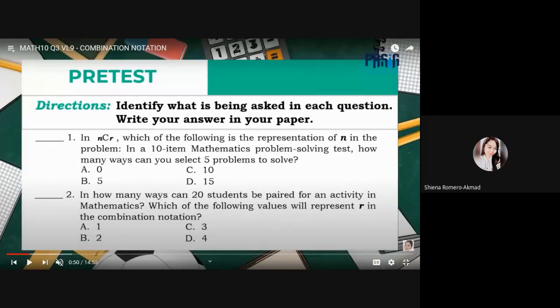So I want you to answer and then give me your explanation. Why? Kasi number of items yung hinahanap. Ano ba yung n? What does n mean here, both in permutation and in combination?